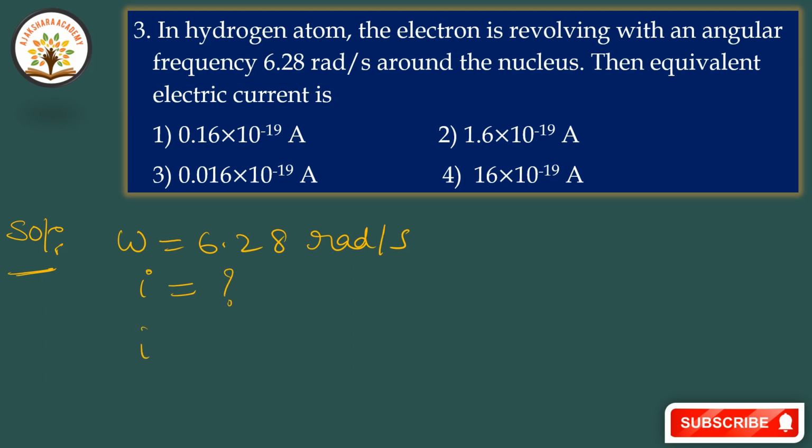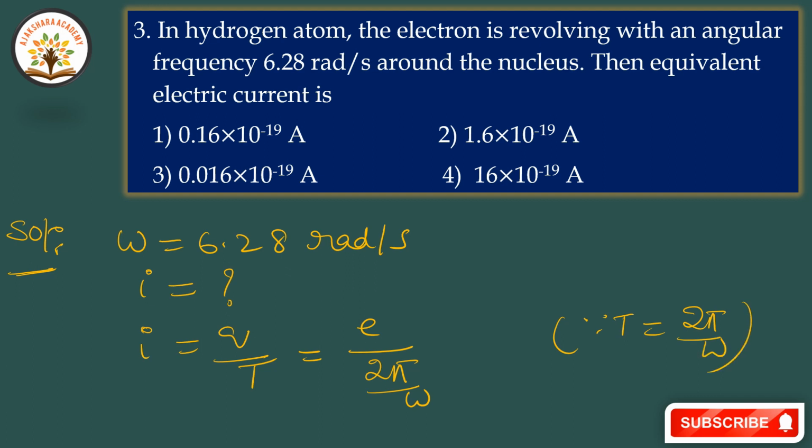So I is equal to Q by t, Q is nothing but e, and T is equal to 2 pi by omega. So from this I is equal to e omega by 2 pi.